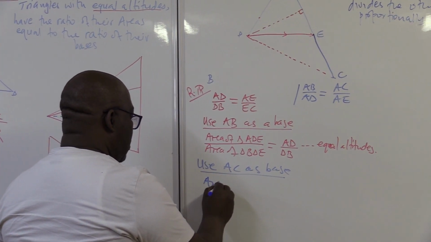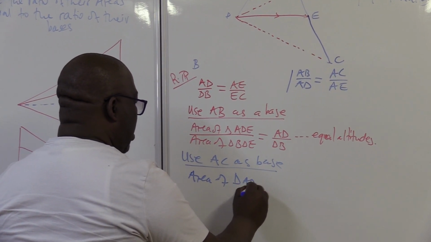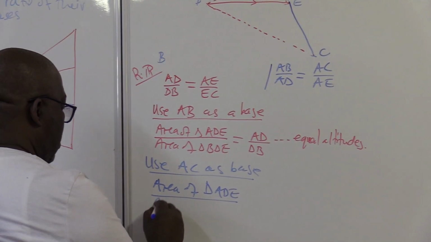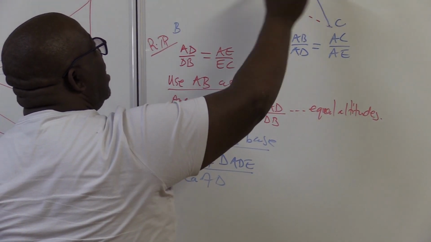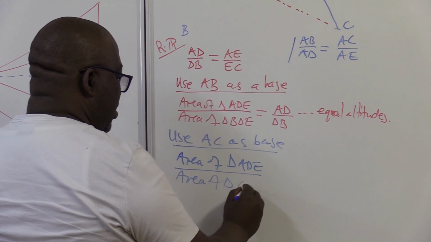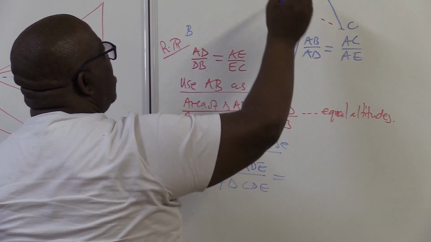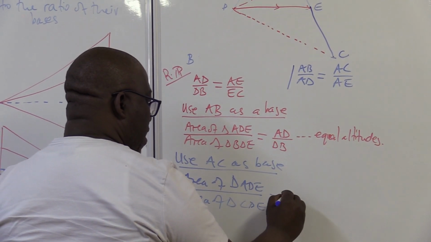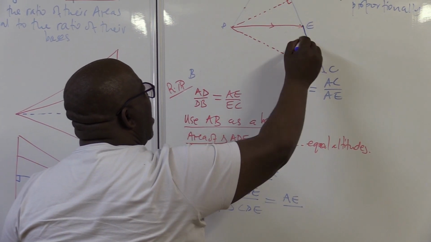area of triangle ADE over area of triangle CDE is equal to area of this over area of this, which is this base over this base.